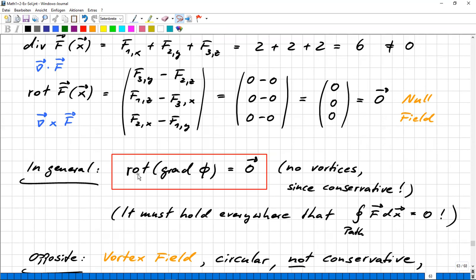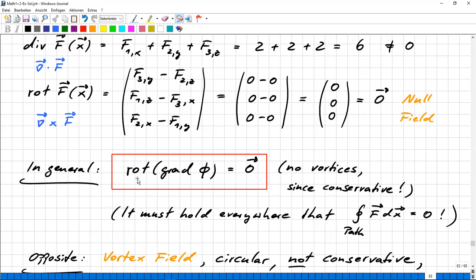I hope you have already reached a certain understanding of what rotation really is mathematically, because if you have some vortex, the rotation vector itself points in the direction of the vortex axis, the axis around which the vortex is to be found, and the absolute value of the rotation vector will give you the strength of this vortex.